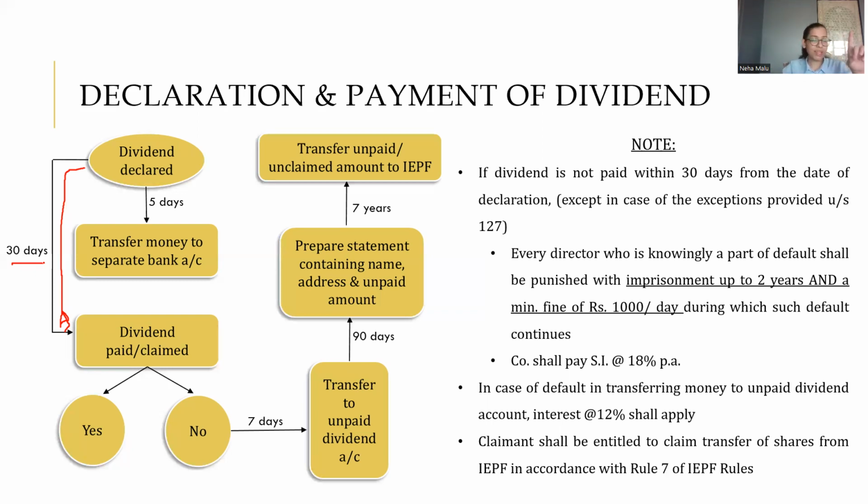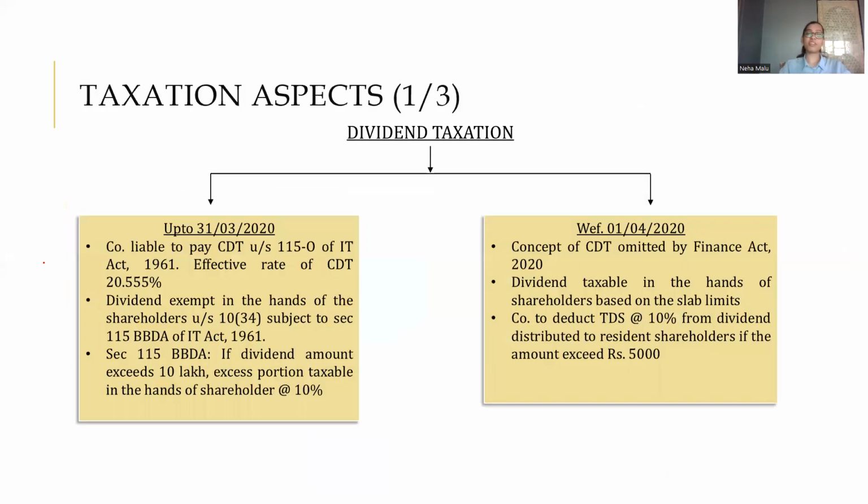Apart from this non-compliance, for any other default with respect to the provisions on dividend, there is only a penalty amount, which is still bearable, compared to the default of non-payment of dividend within 30 days of its declaration. Next, moving ahead with the taxation aspects of dividend.